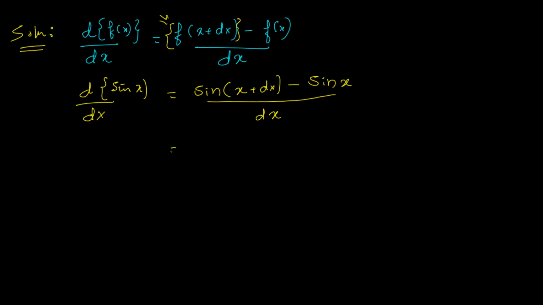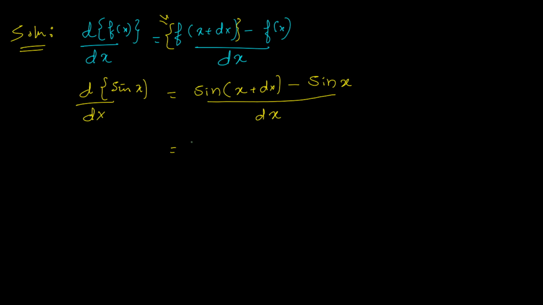Fine, so I will not write the LHS a lot, I'll just focus on this. Let's evaluate this. This sin of x plus dx reminds me of sin a plus b. And what's the expansion of sin a plus b? It's sin a cos b plus cos a sin b, right?